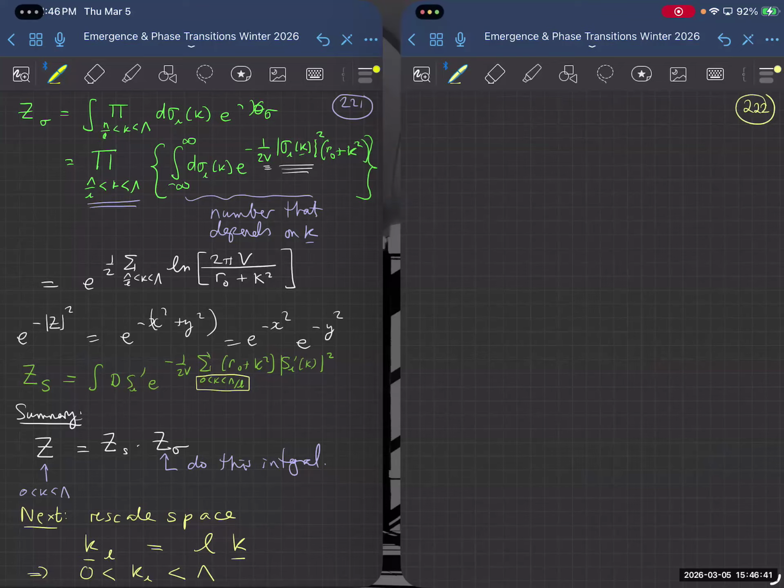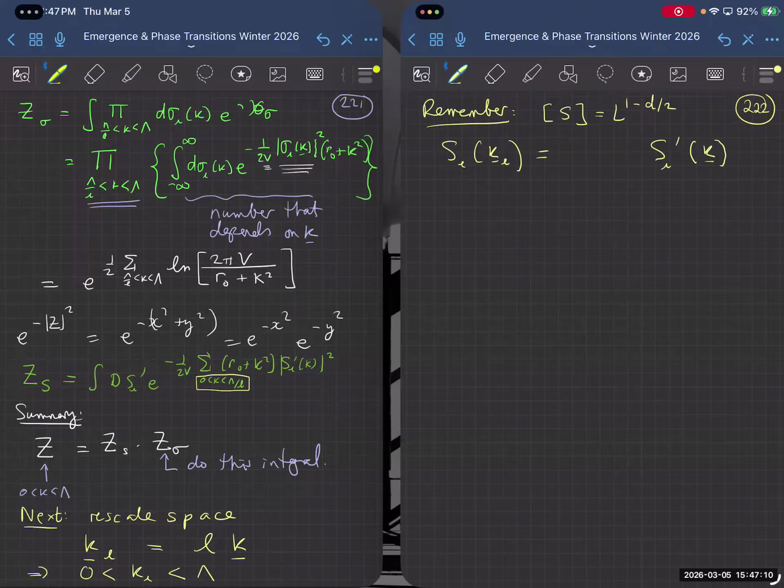So now we have to remember, as I told you in the introduction, that the dimensions of the field itself are 1 minus d over 2. We worked that out last time. So what that means is that SL as a function of KL is going to be a new field. It's going to be proportional to the field SL prime of K, because that's where it came from, but we're going to see how it rescales when I do the rescaling of space.